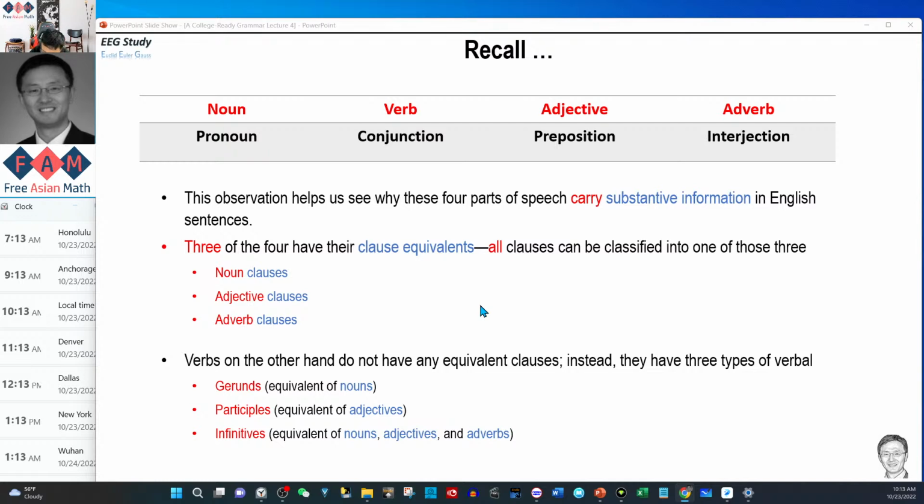That's why verbs are so complicated and confusing if you are not very familiar with grammar.